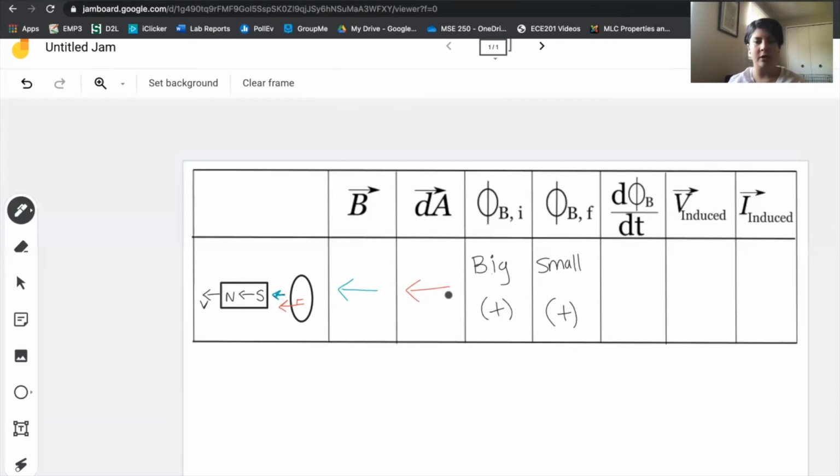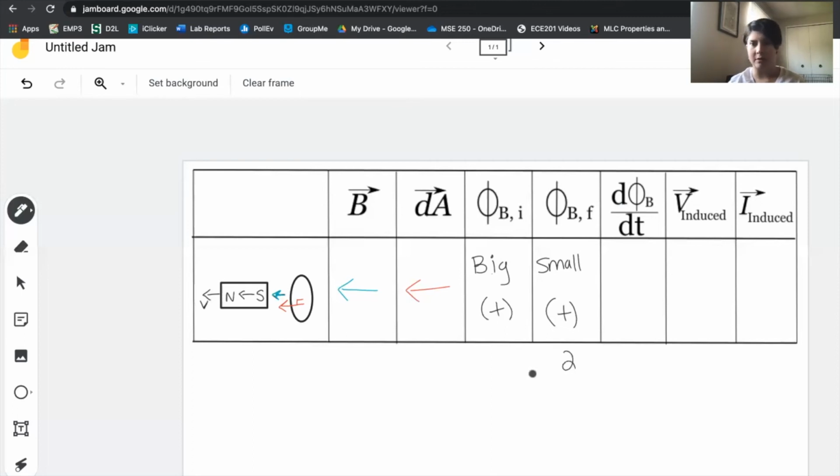Now, if you want, you can assign fake numbers to these values if it helps you when you determine the change in flux. So that's what the d flux dt is. And so this is the change. And when we talk about change or delta, we're doing final minus initial. So say we just put in a dummy number like a small 2.